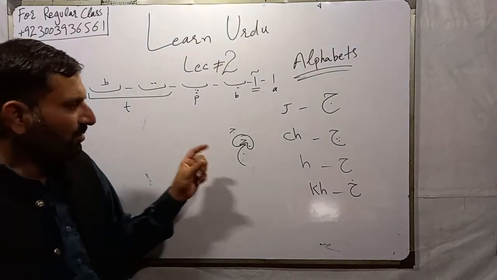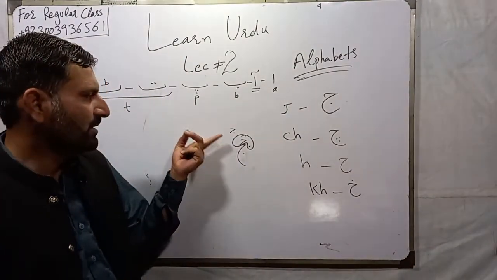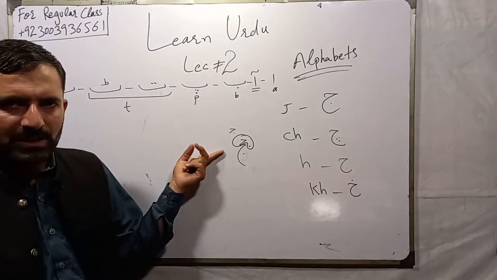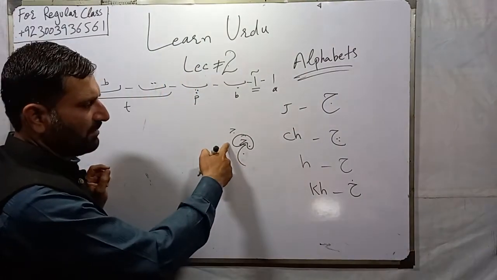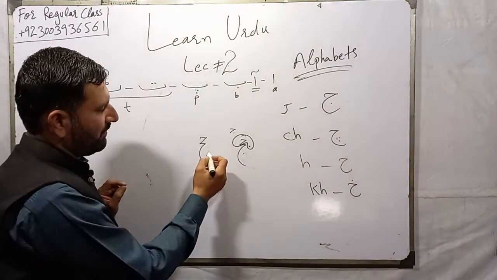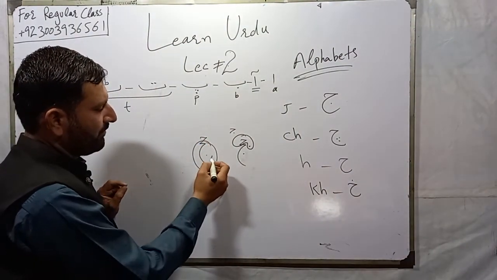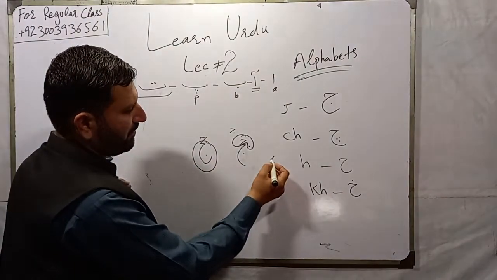If you write this family in any word, you should use its half shapes. If they are at the starting point, they should be in this form, and if at the last point, they should be in this form. Hajj. Similarly, Baj.